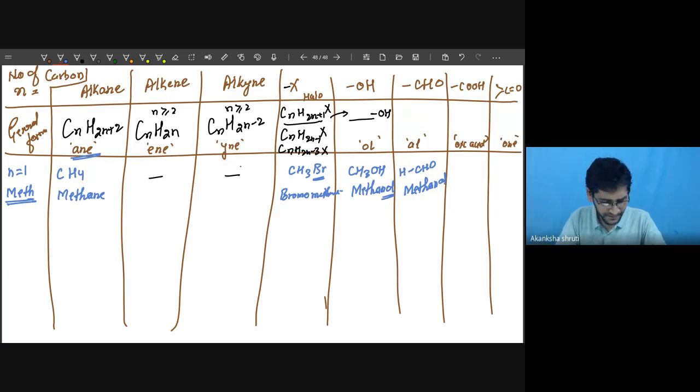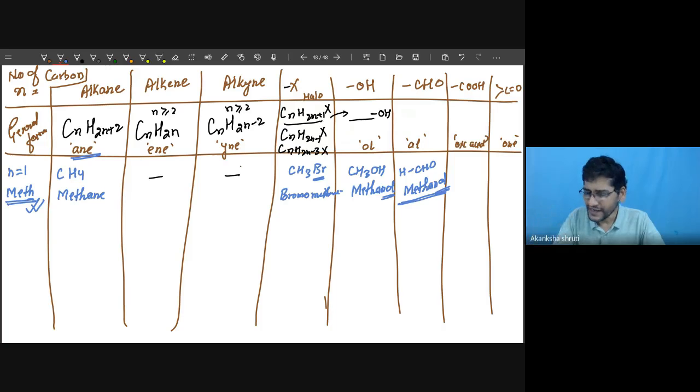So it comes in the category of counting as meth, the suffix is al, and it is always considered a derivative of alkane, so methane, and 'ane' is also added. So it becomes methanal. Are we getting it? Keep in mind, it is important. This structure is asked.